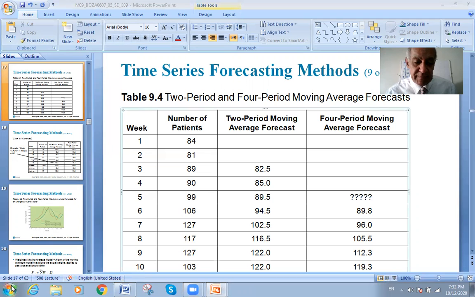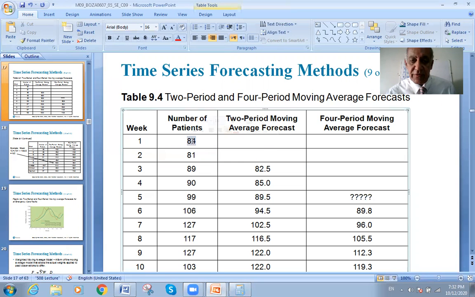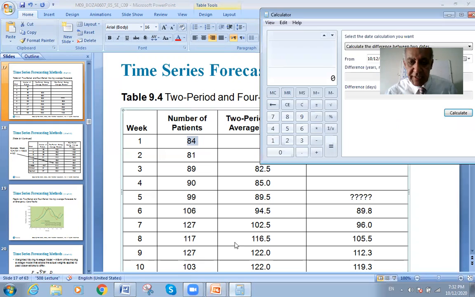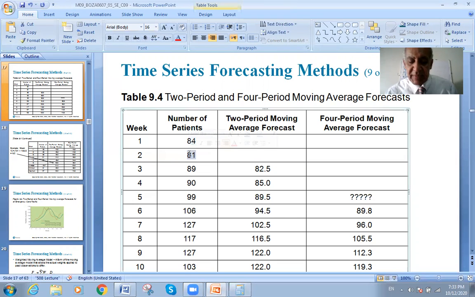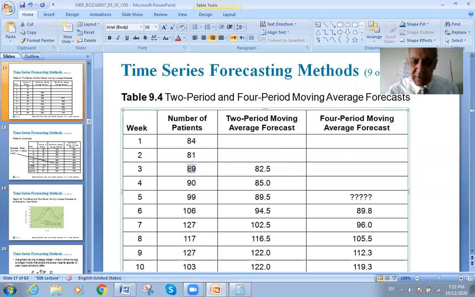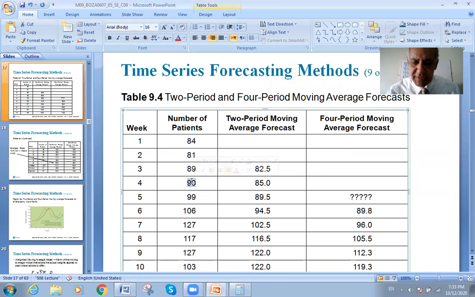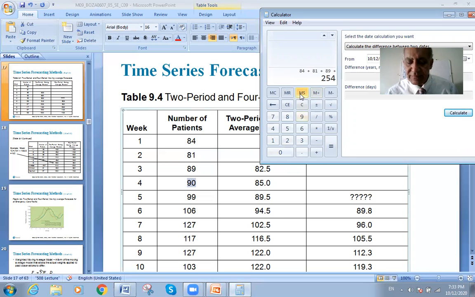Let's see the calculator. 84 plus the second number, 81, plus 89, plus the last number, 90. This equals 344.